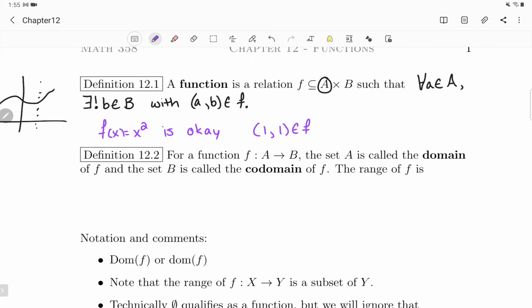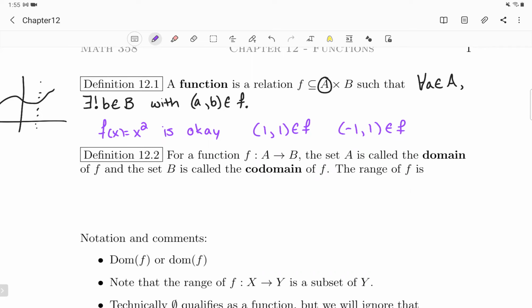Will it ever have a different matching y value for that function? No, 1 squared is 1, right? Notice that -1, 1 is also in that function. That's okay. It doesn't say the values from B aren't allowed to repeat. All it says is once you pick something from the domain, it only has one thing it's matched to. Okay, you guys see the difference?